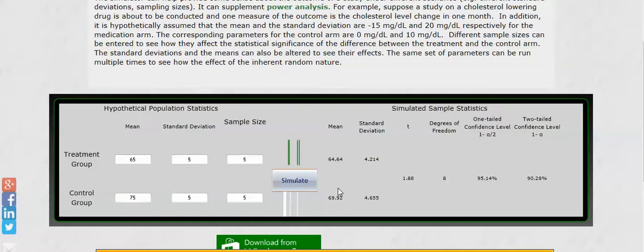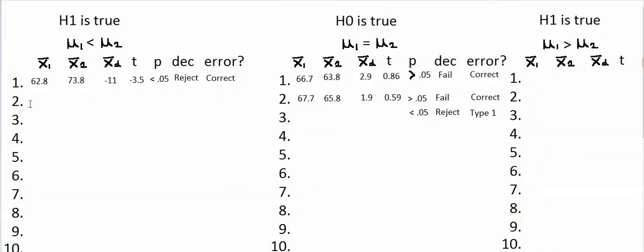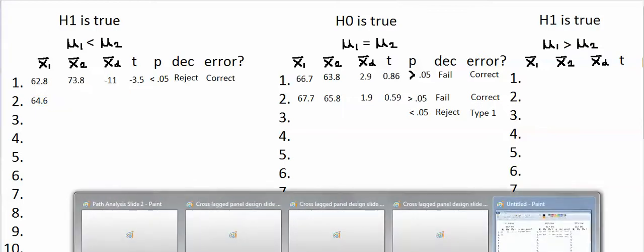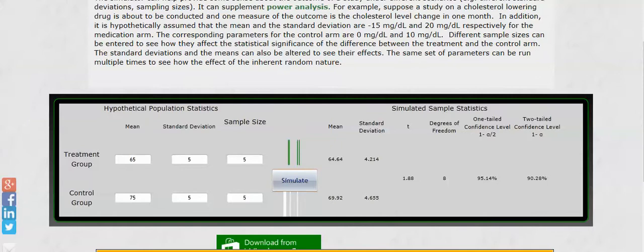So our sample means didn't come out as far apart as they usually would. We got 64.6 and 69.9.